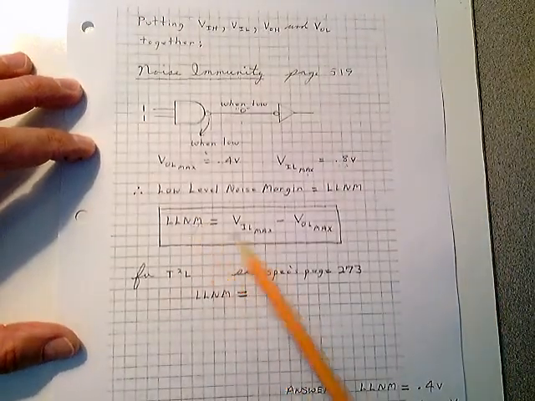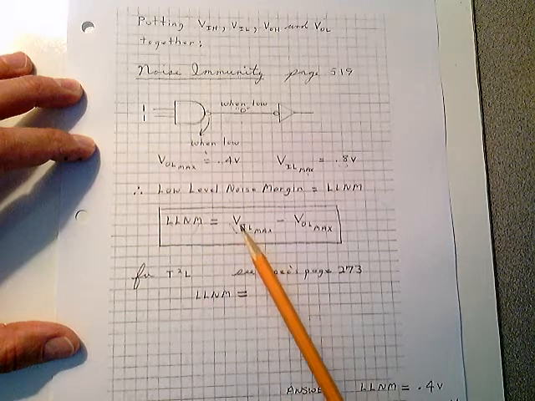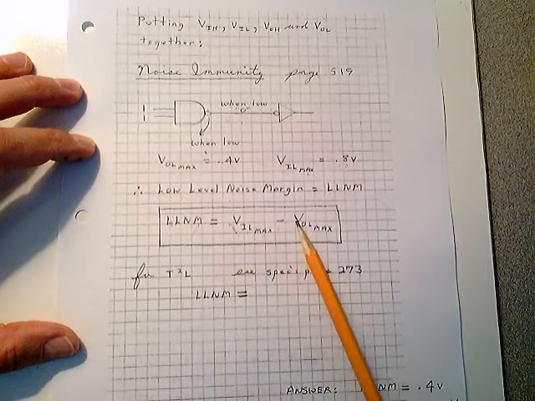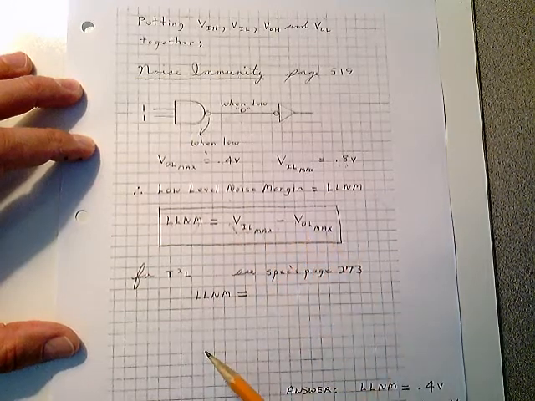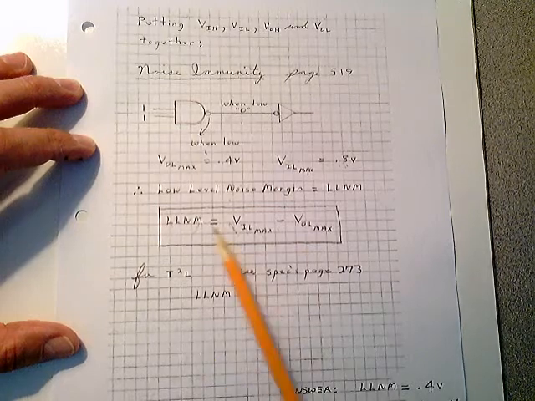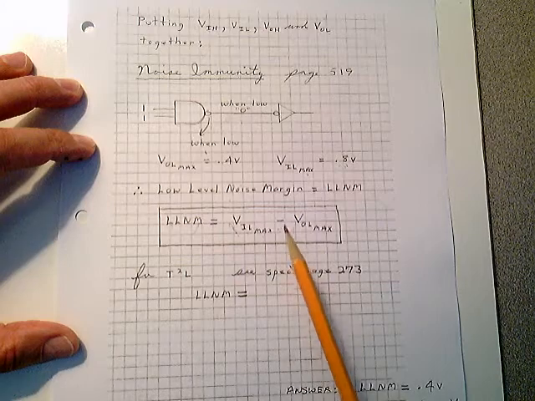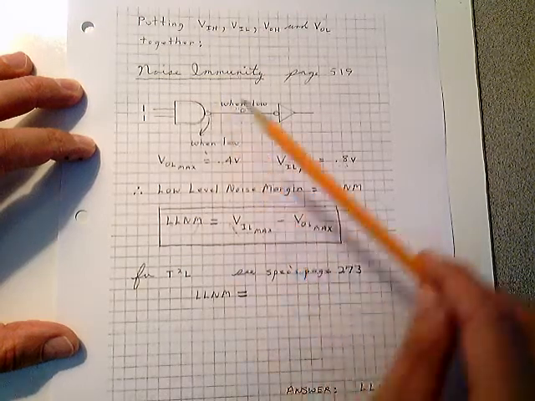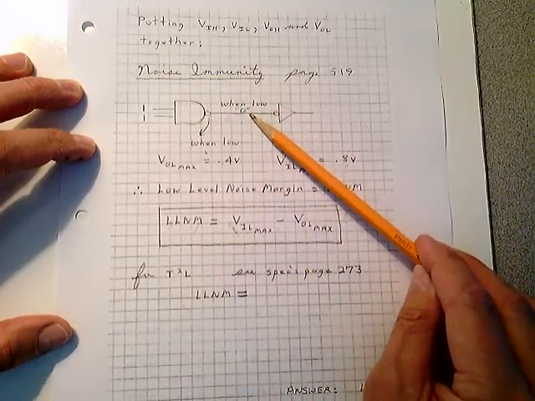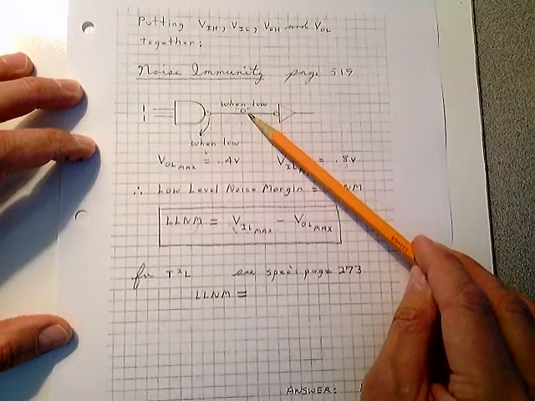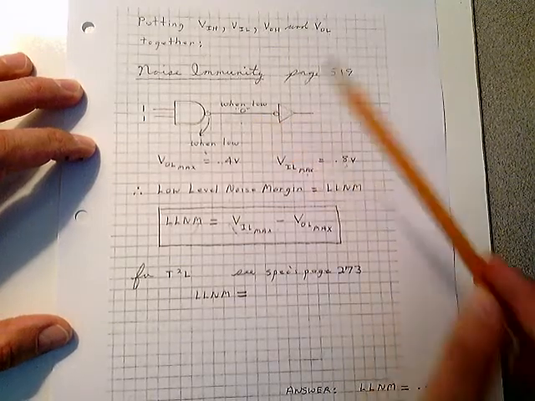The low-level noise margin is equal to VIL max minus VOL max. And if you make the calculation, for every logic family, you can calculate how much noise you can tolerate on that line without it interfering with that gate.